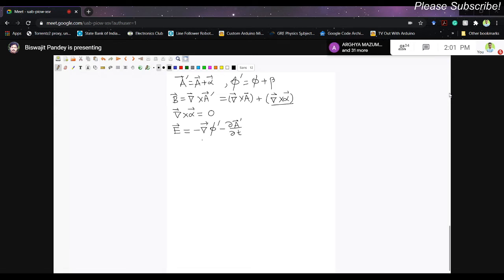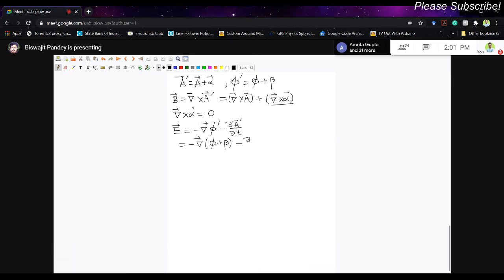So I put phi plus some arbitrary number beta which I have added according to my requirement, minus del t of A plus the vector alpha. And again, if we rearrange them, this will be minus grad phi minus del A by del t.